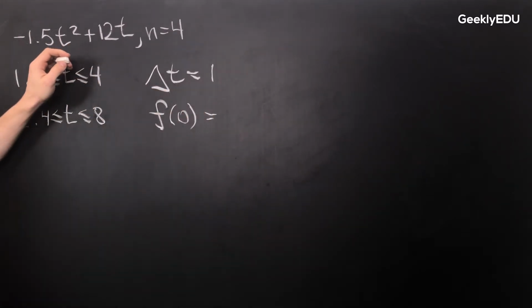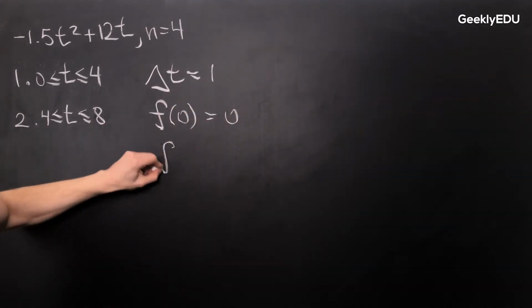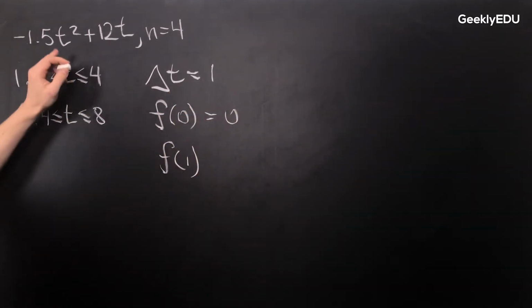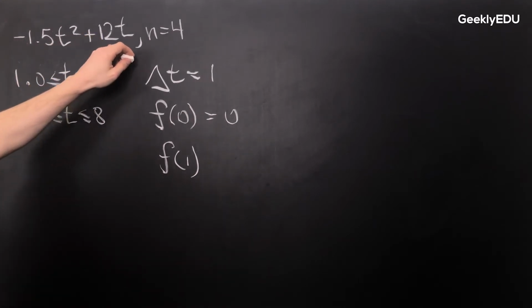Using our formula, we see that f0 simply gives us 0, and f1 gives us negative 1.5 plus 12.